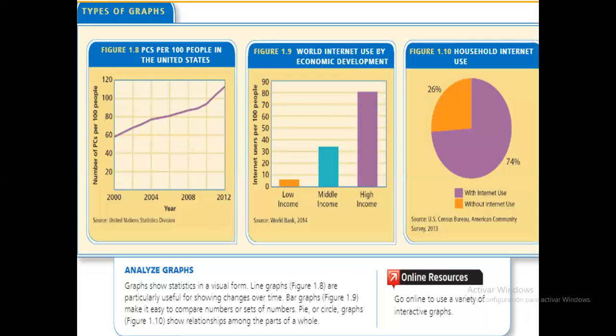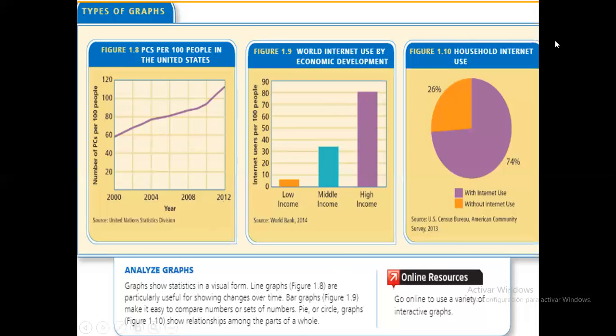La encuesta. ¿Cuándo fue eso? En 2013. This one is in 2013, and this one 2014, and this one 2012. Got it, guys? So different moments through several years, okay?